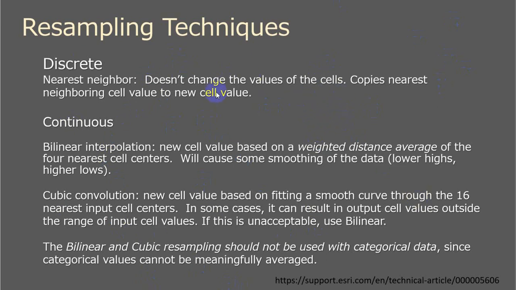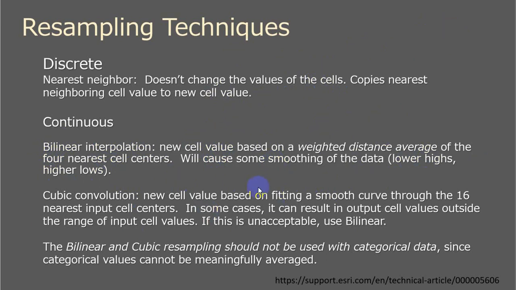So nearest neighbor, you don't change the input values of the cells. An 11 going in is an 11 going out, but it can create some artificial hard edges. Bilinear is a weighted distance average of the 4 nearest cell centers, which can cause some smoothing. So the highs get a little bit lower and the lows get a little bit higher.